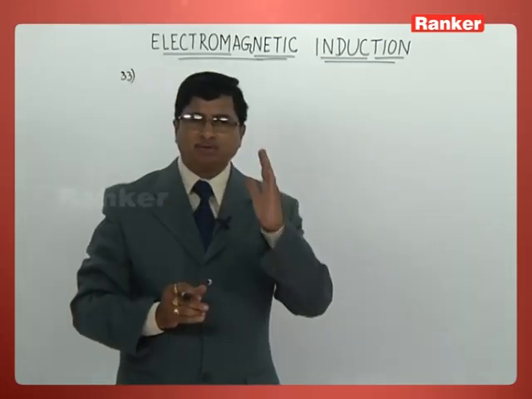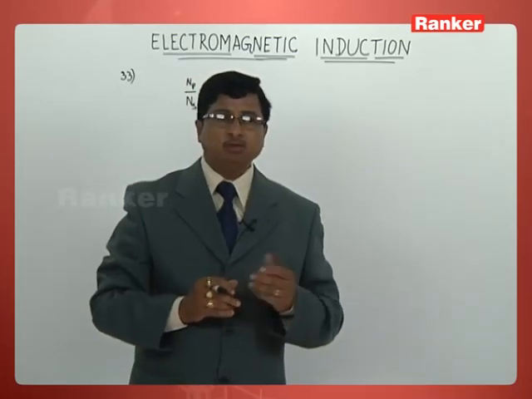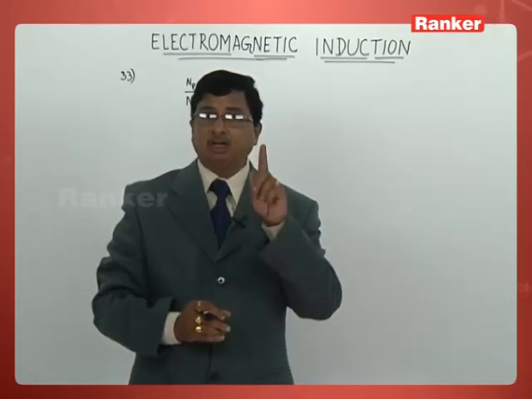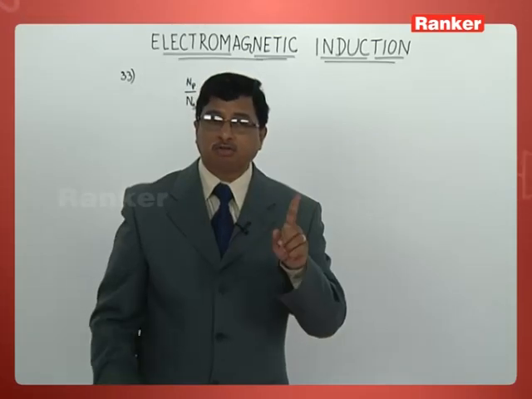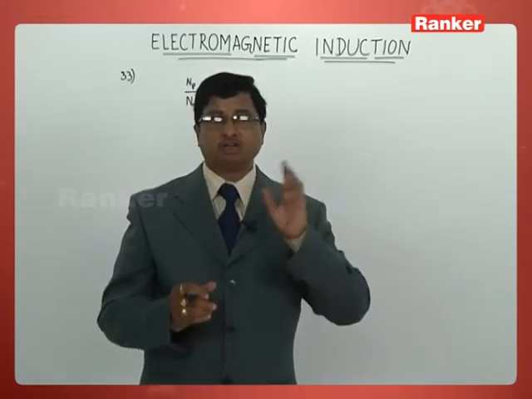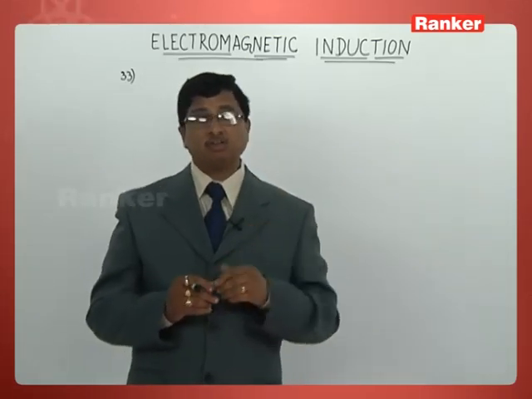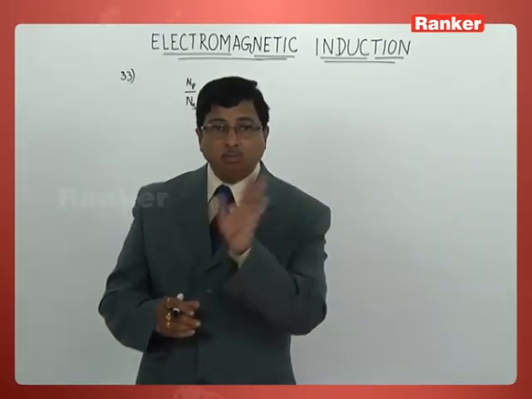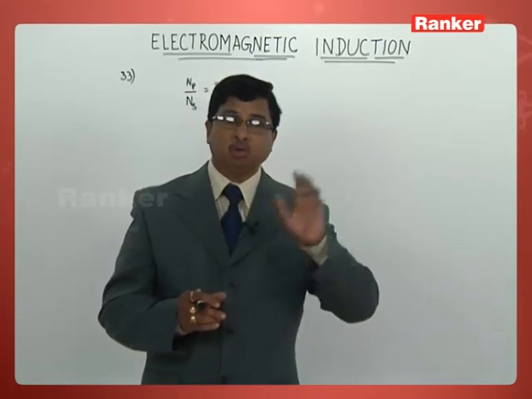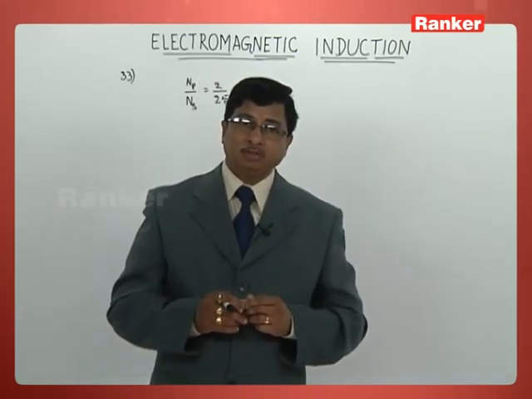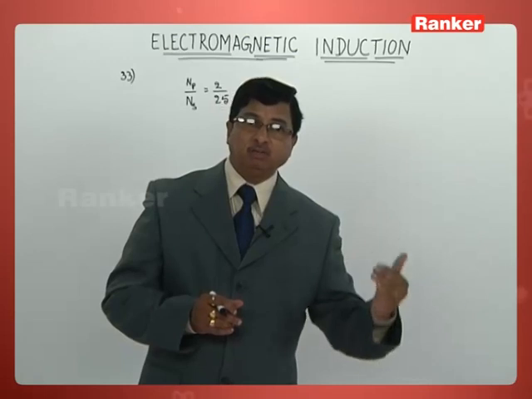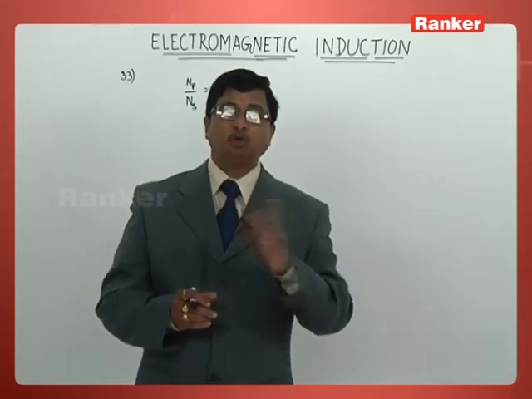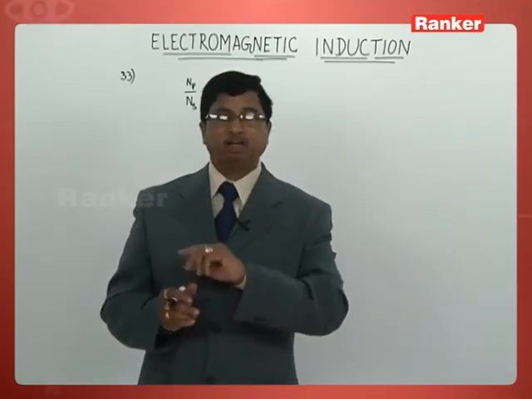Assuming 100% efficiency. Efficiency 100% means that the transformer is supposed to be an ideal transformer. And what is the condition for an ideal transformer? Input power and output power are supposed to be equal. Input power is V1, I1. Output power is V2, I2.